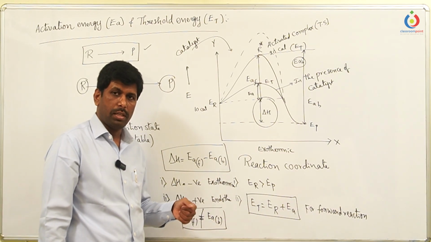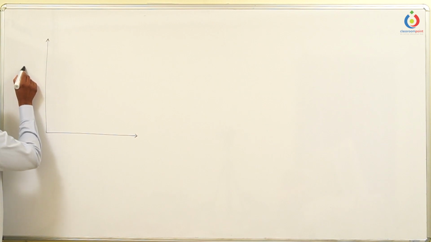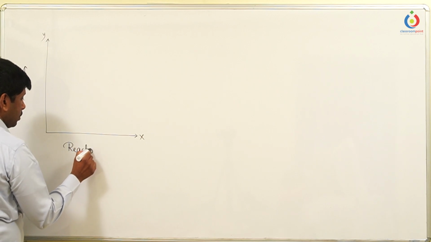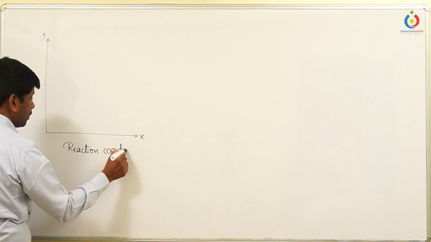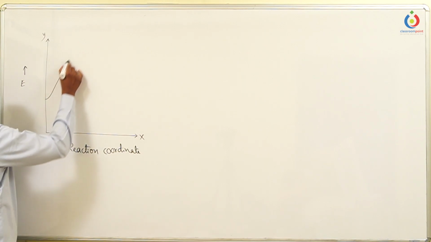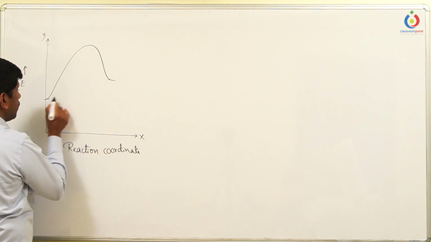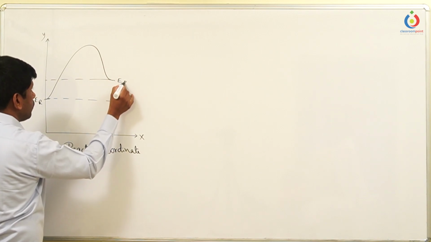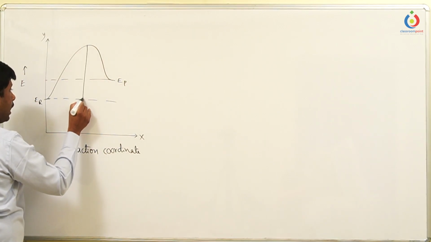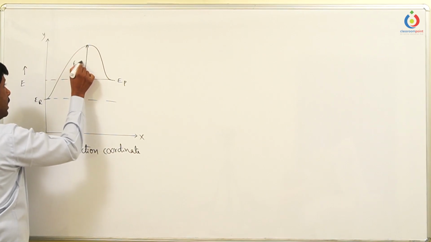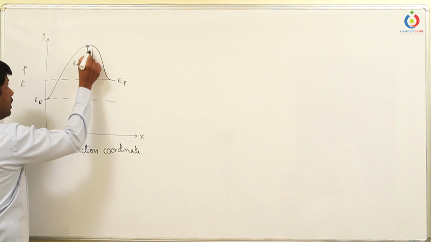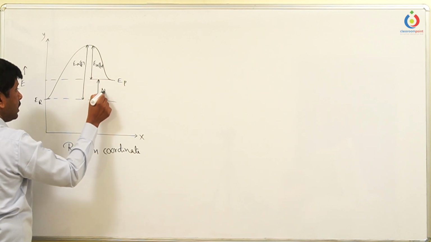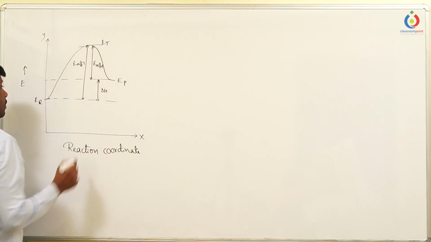Let us see other profile diagrams also. If the diagram is given like this, reaction coordinate, energy of the reactant molecules, and this is the energy of the products, activation energy for the forward reaction, this is the activation energy for the backward reaction, this is the enthalpy change of the reaction, this is the threshold energy of the reaction.